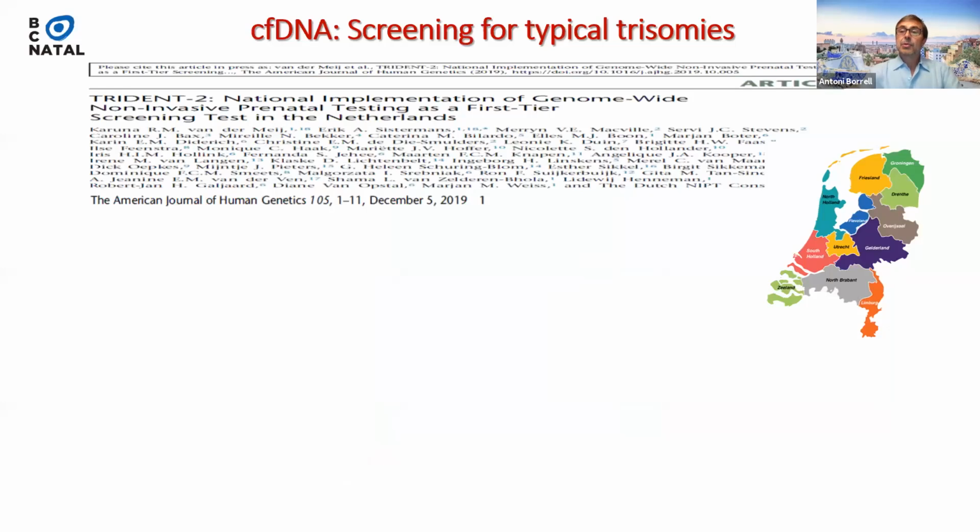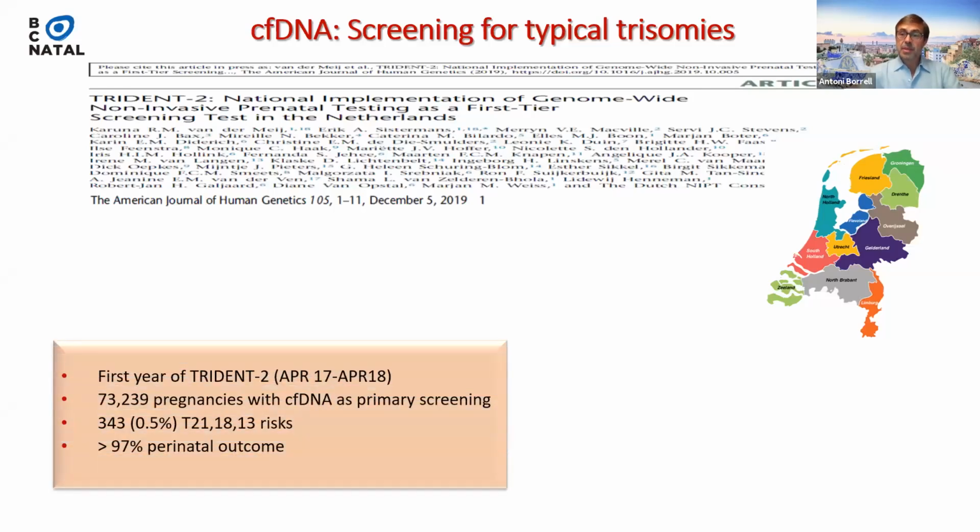Let's start to analyze the performance of cell-free DNA when screening for typical trisomy. And I would like to bring you just a single paper rather than a meta-analysis, because most of the papers that have been published on cell-free DNA for typical trisomies were published by the industry, and there were some cases selected, not in the first trimester.